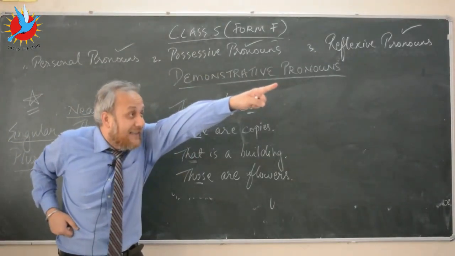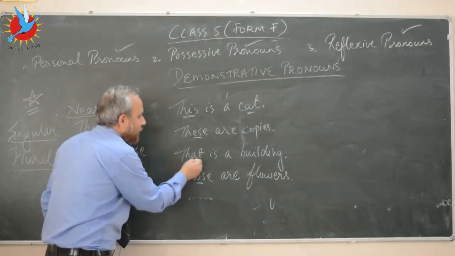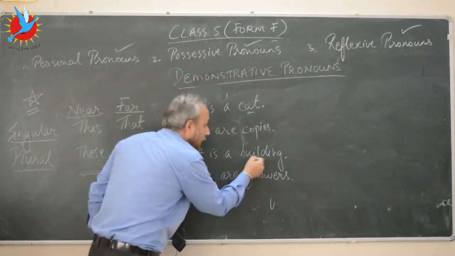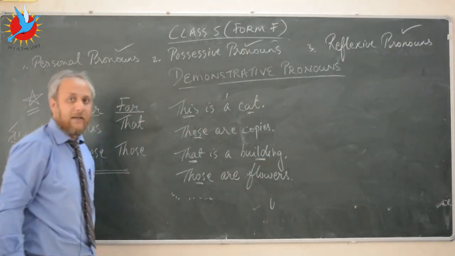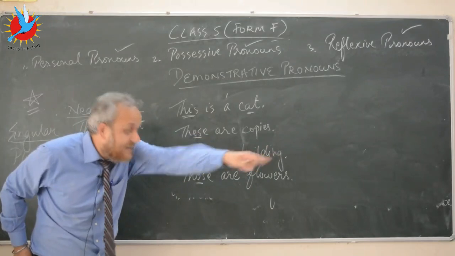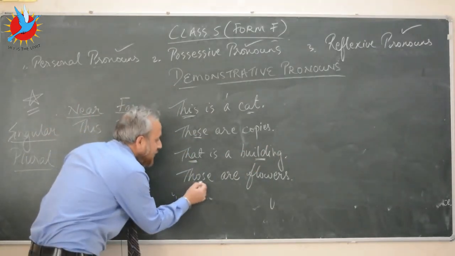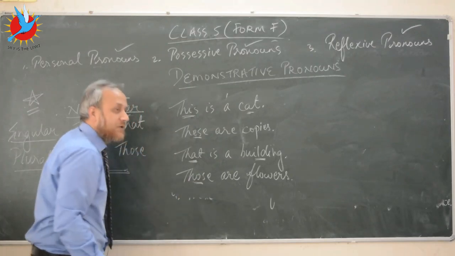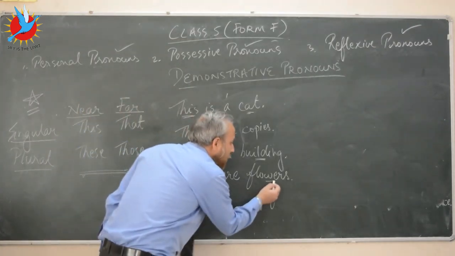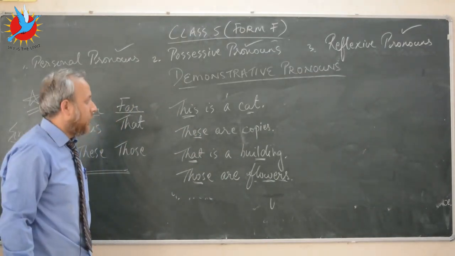That there, that is a building. So that is used to point to a building. And those are flowers. Those there, those are flowers. So this demonstrative pronoun, those, is pointing to flowers, which is a plural noun.